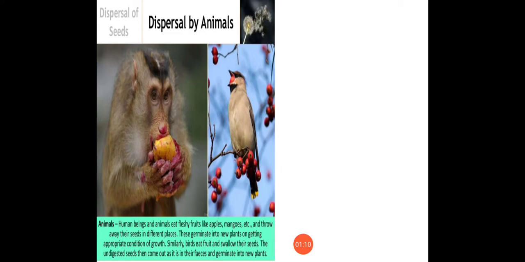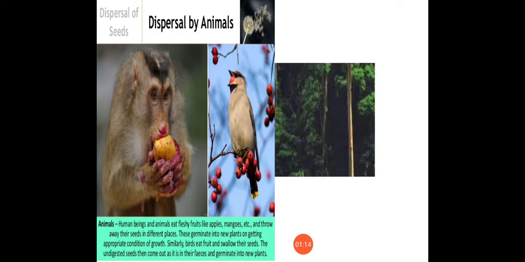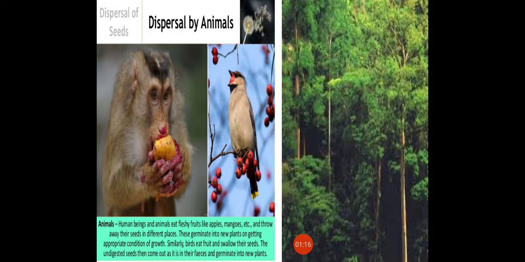If seeds did not get scattered, they would fall right under the parent tree. The new plant would then compete with the parent and with each other for space, water, air and sunlight, etc.